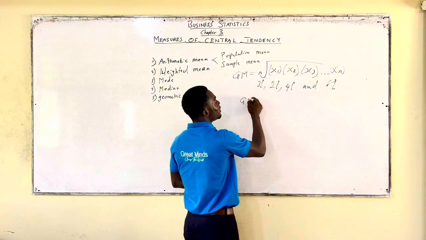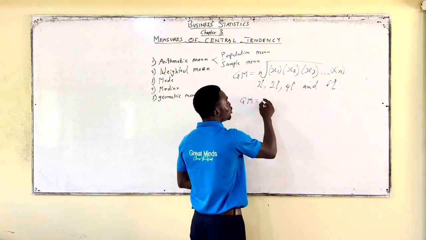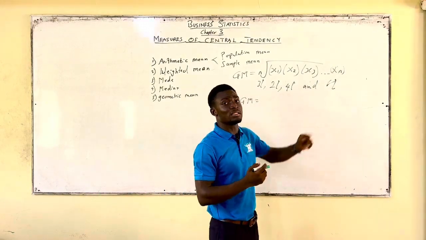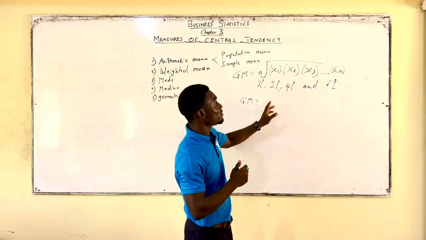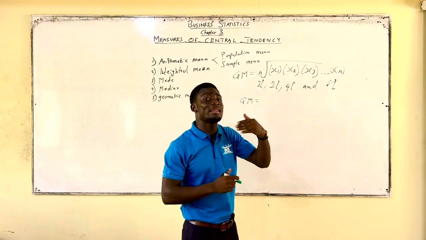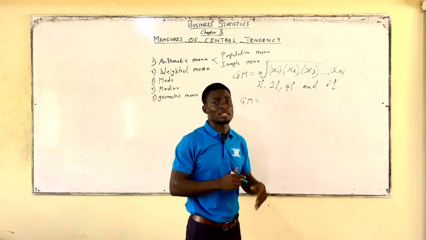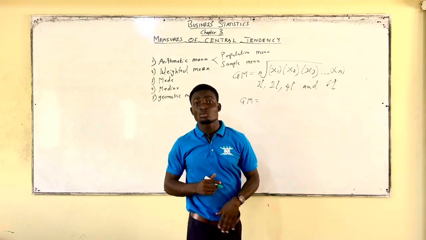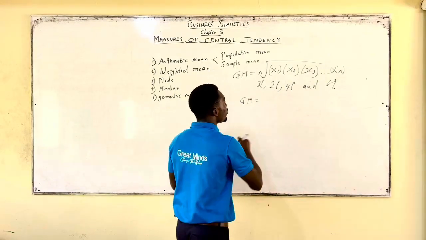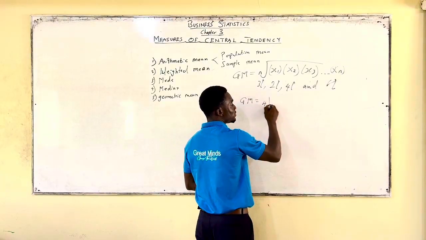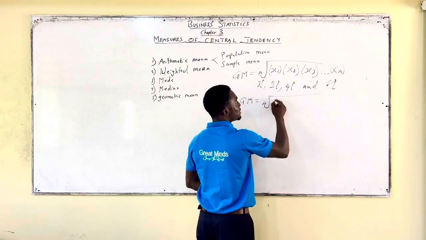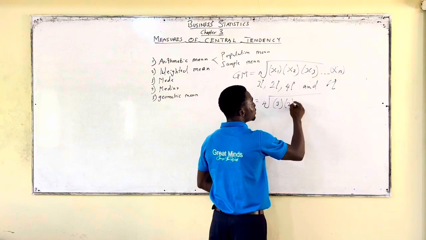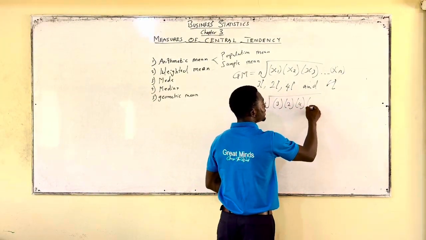the geometric mean in this case is equal to the nth root. What is n? n is the number of observations. Mind you, in statistics, mostly when you see n, we are talking about the total number of observations. Here we have 4. So it's going to be the fourth root of 3 times 2 times 4 times 6.